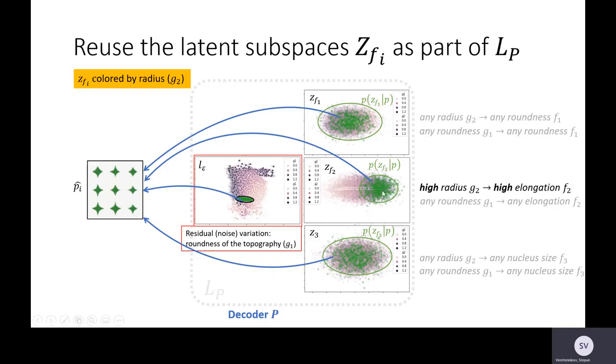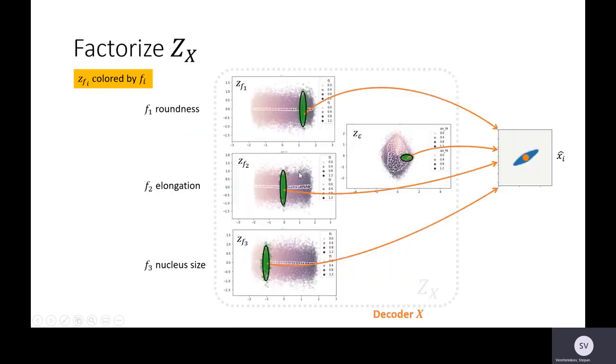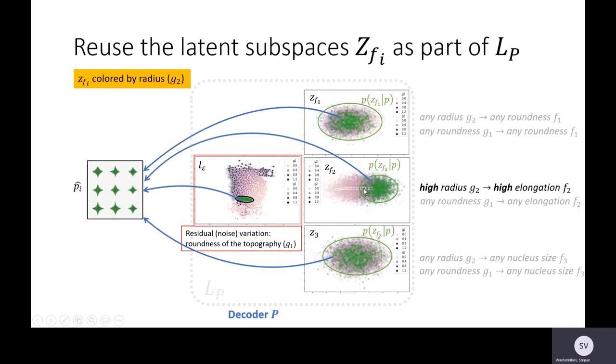Here, for example, since the topography has quite a high radius, it maps with the encoder of P to the region of the space ZF2 which corresponds to high elongation of the cell, as we can see here. Accordingly, if we take a low radius topography, it will map to some region in the space ZF2 which corresponds to low elongation of the cell.